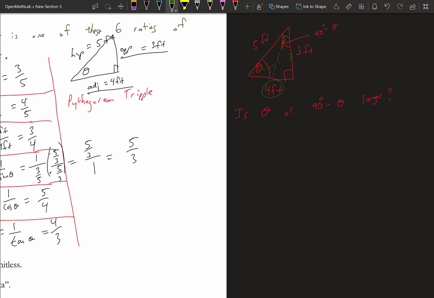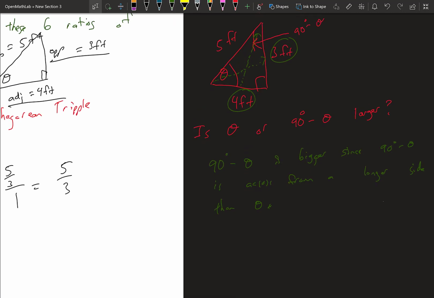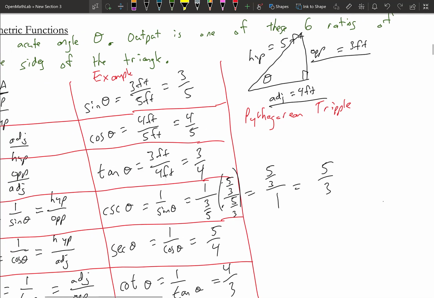So since 4 feet is longer than 3 feet, that would tell me that 90 minus theta is bigger, since 90 degrees minus theta is across from a longer side than theta, right? So it's that whole phenomenon. So just look at that from another angle, right? No pun intended.